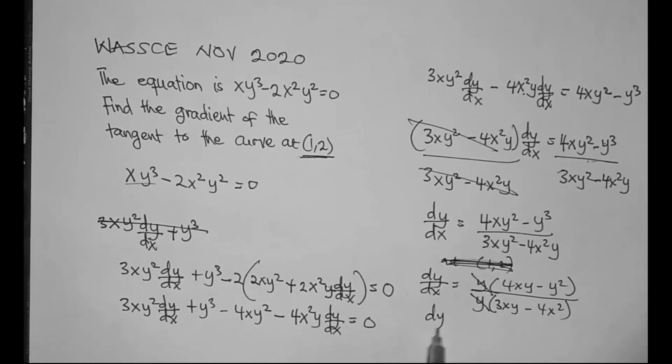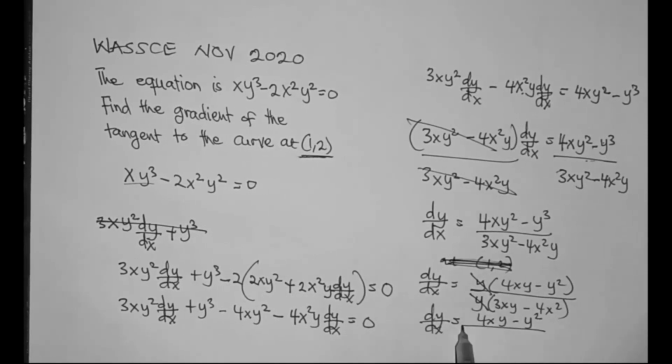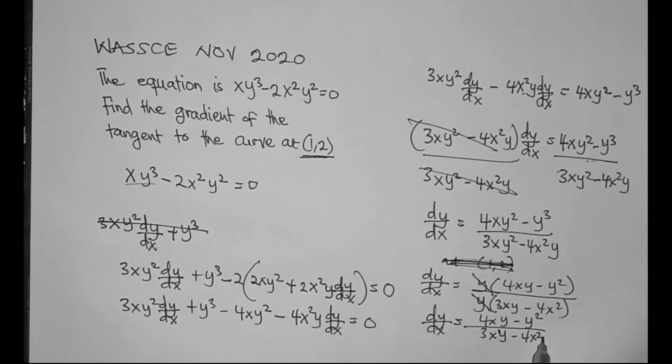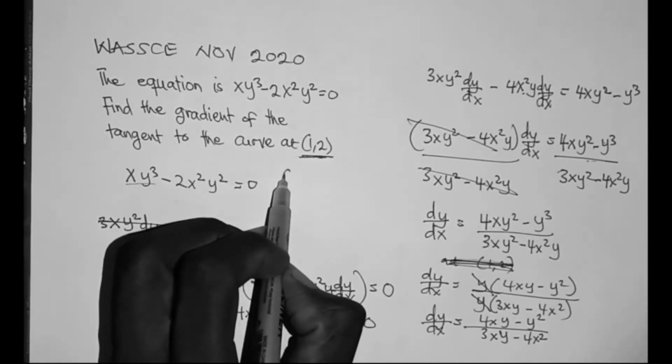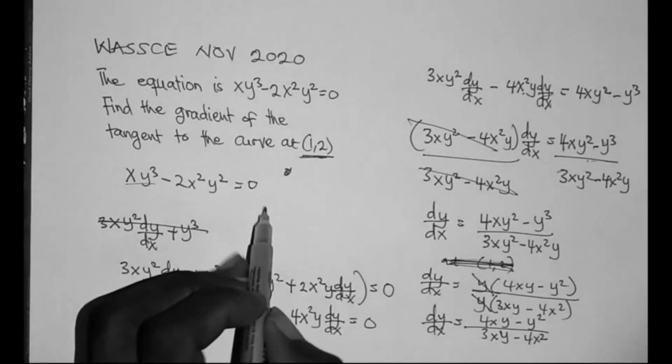So at the end of the day, dy/dx is equal to (4xy minus y^2) divided by (3xy minus 4x^2) at the point (1, 2). So dy/dx is the same as the gradient.